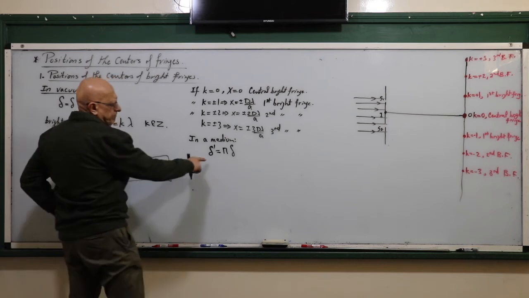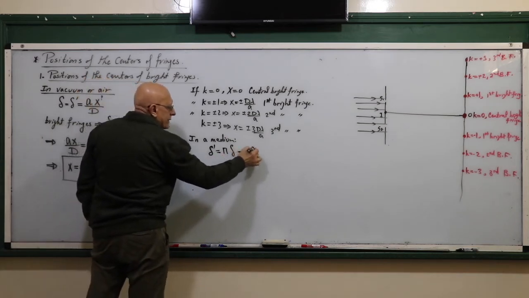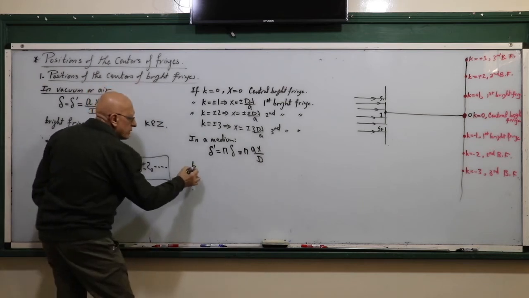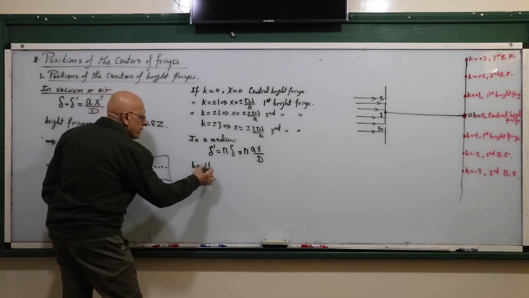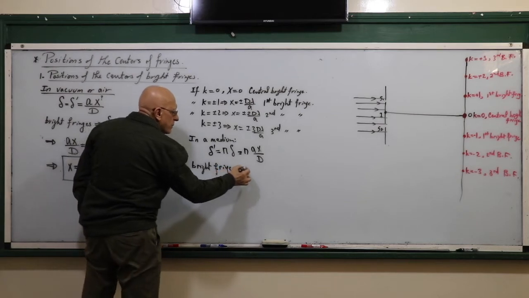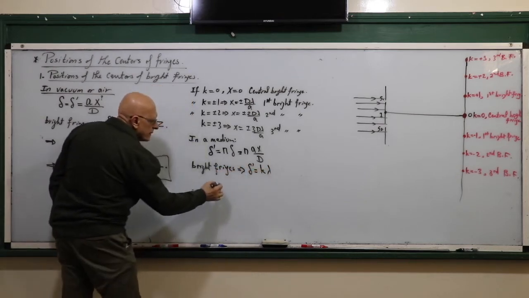So delta prime equals nAX over D. If I talk here about bright fringes, this implies delta prime is equal to k lambda.